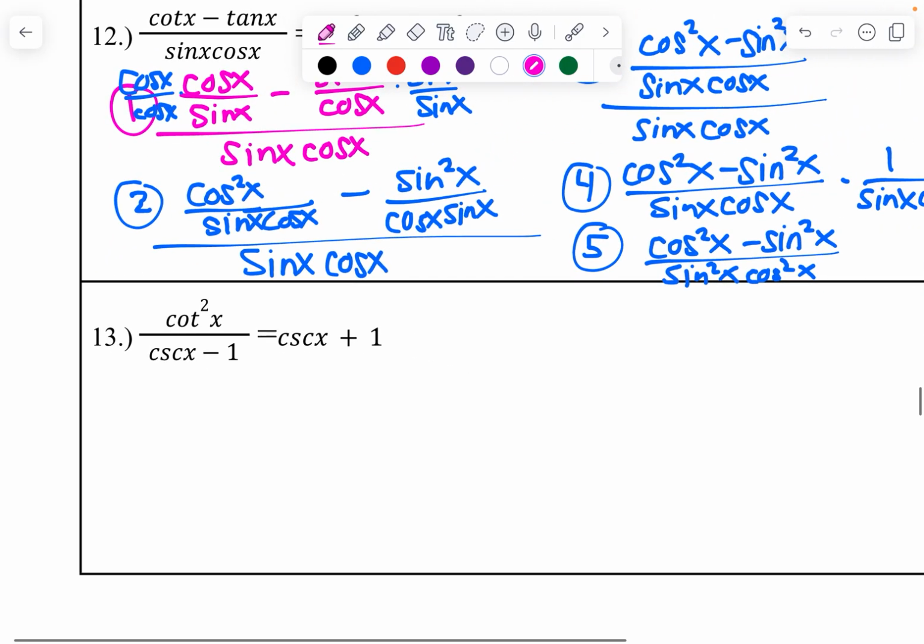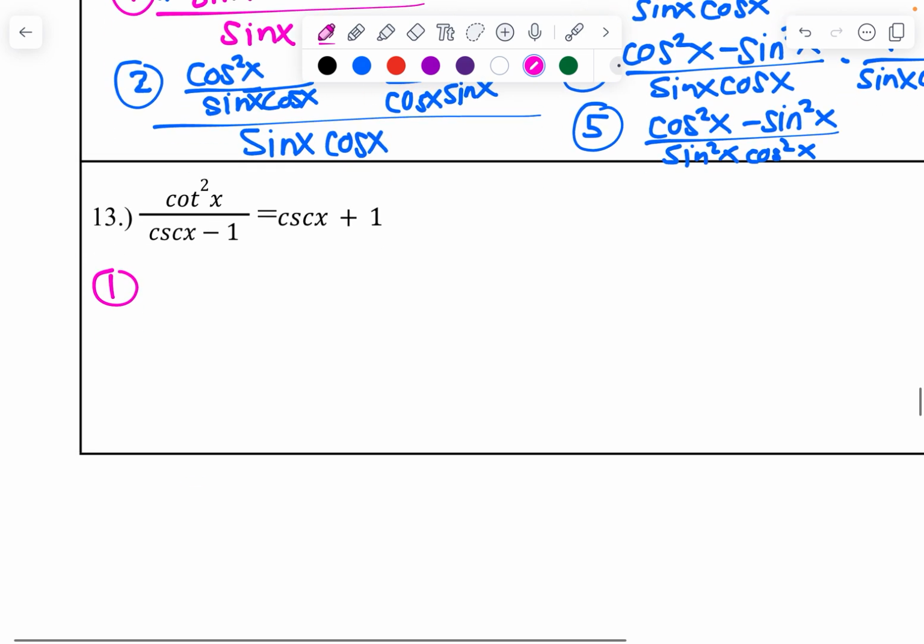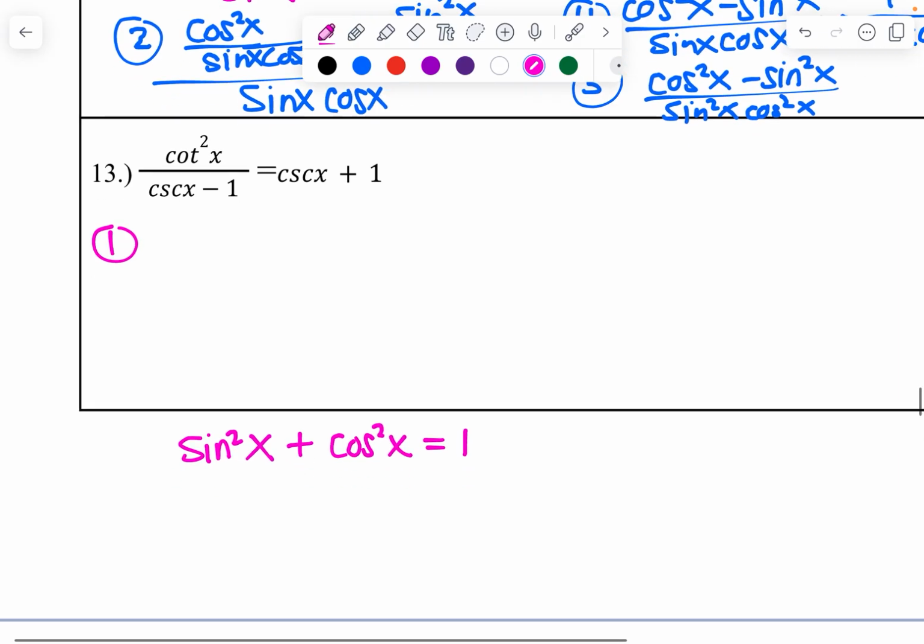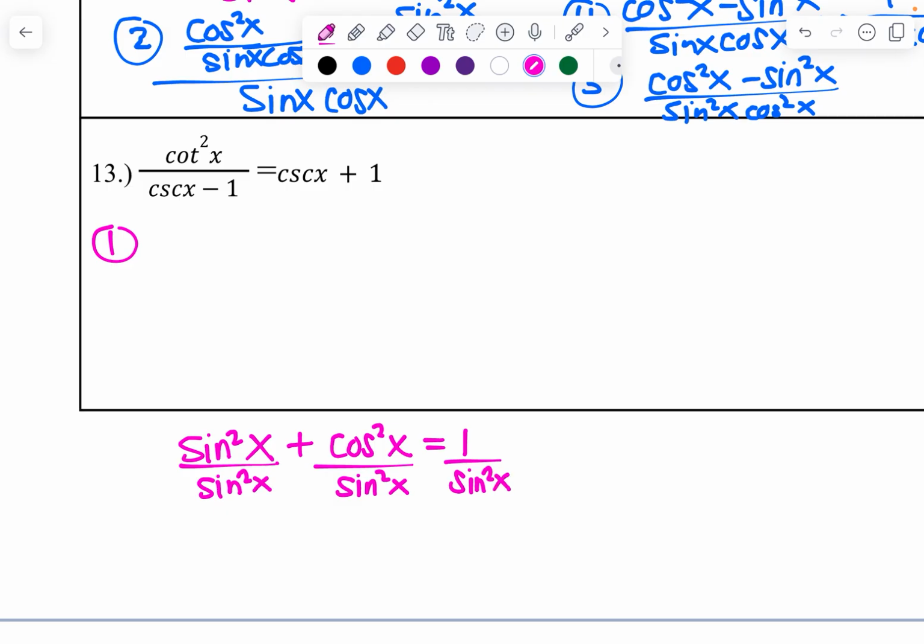All right, so take a look at our other Pythagorean identity. So the basic one, sine squared of x plus cosine squared of x equals 1. So if I want to get cotangent, I would have to divide by sine squared of x, so that I had cotangent squared over sine squared.